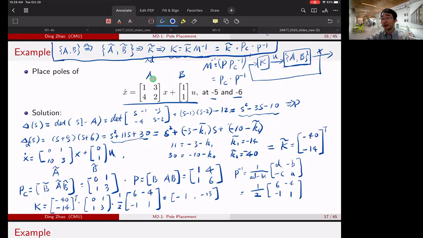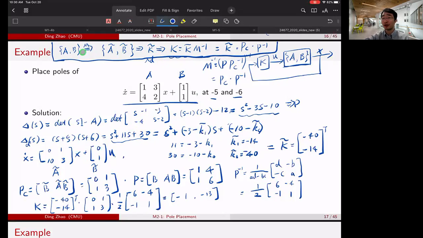Because your K is a coefficient that can directly influence your characteristic polynomial. That's K tilde. After you get this K tilde from your desired polynomial, you write out your current polynomial.